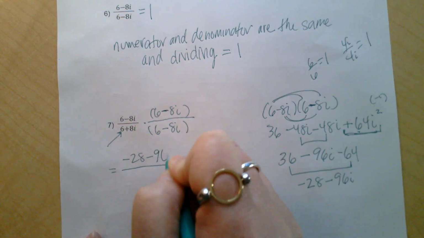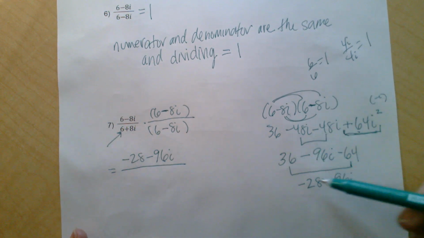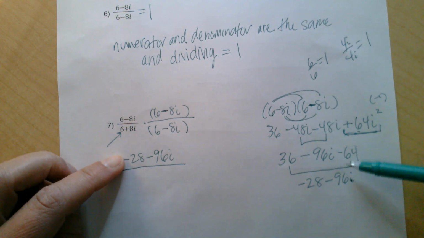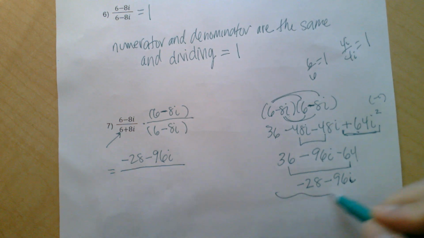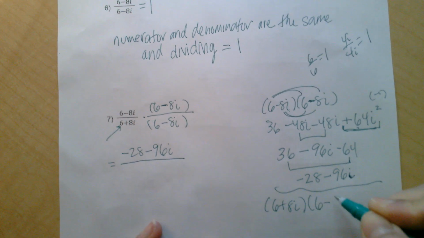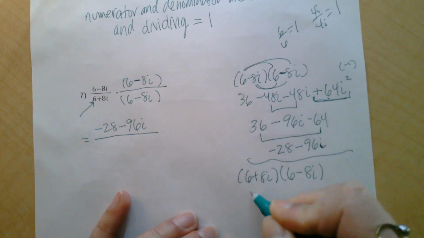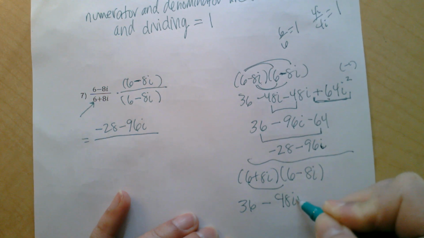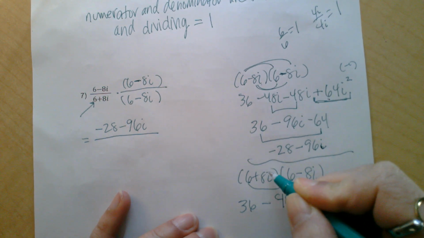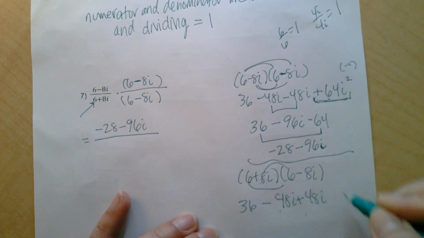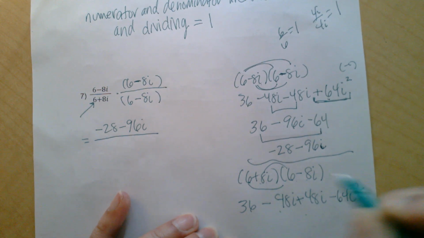Negative 28 minus 96i. I really do like doing my work over here. It gives me satisfaction to be able just to bring that over, and I have extra room to work with. Let's do the denominator now. I have 6 plus 8i, 6 minus 8i. 6 times 6, we have 36 minus 48i plus 48i, because remember, this is 6 minus 48i and then 6 plus 48i, and minus 64i squared.